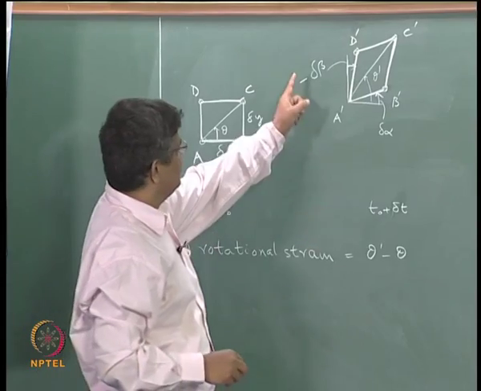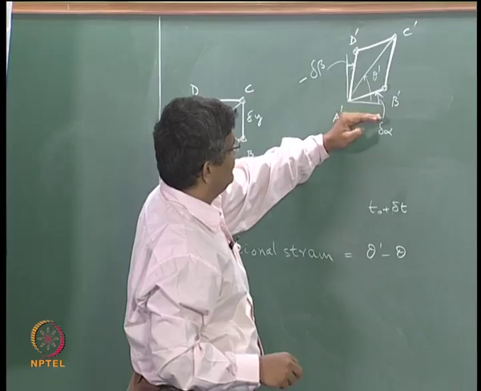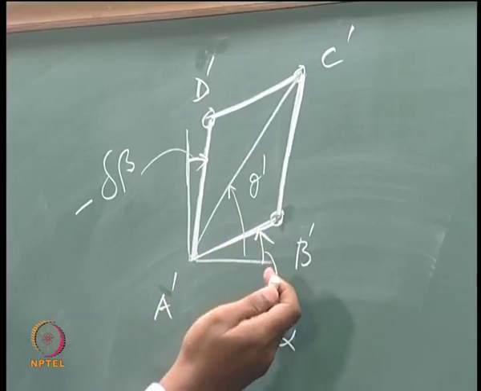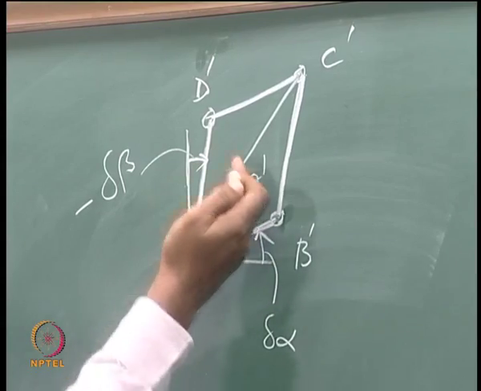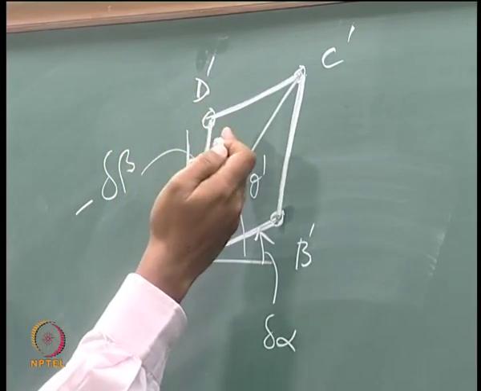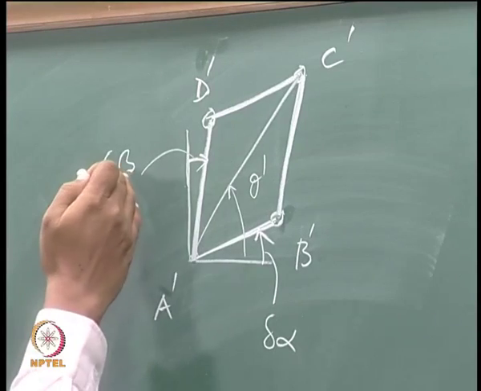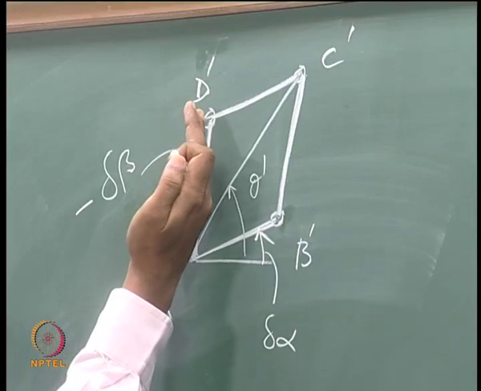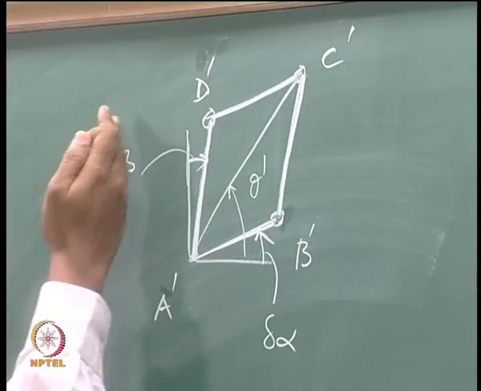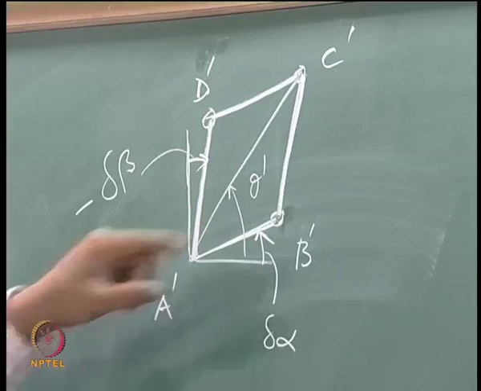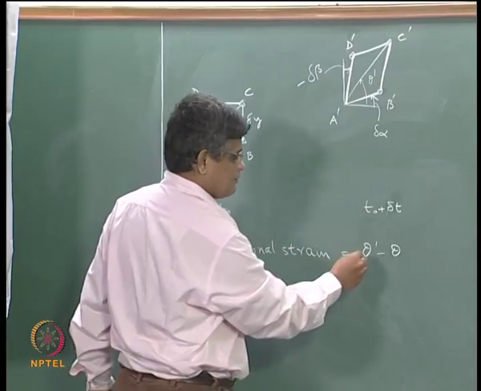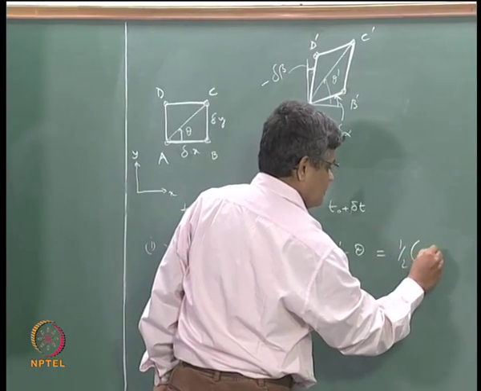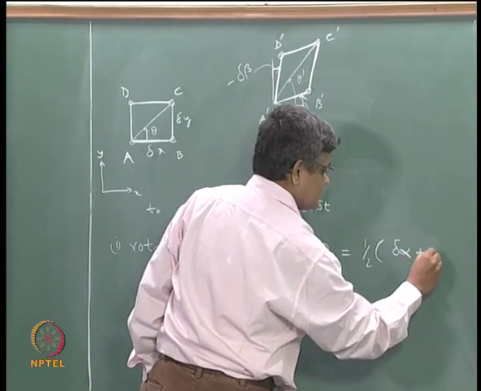We can say that if delta alpha is positive in this direction, then theta prime would have gone in the counterclockwise direction, and if delta beta is positive, that is if this side were to come like this, that would also contribute to theta prime. So we can say that theta prime minus theta is equal to half of delta alpha plus delta beta.